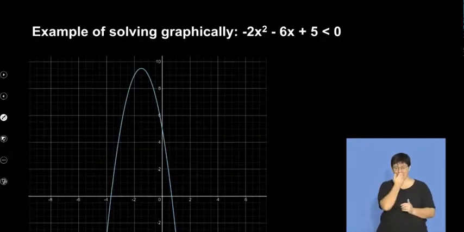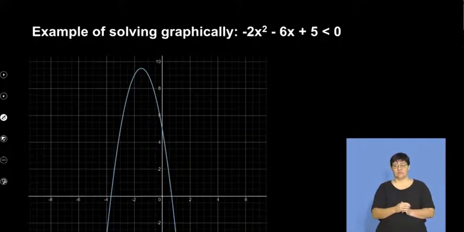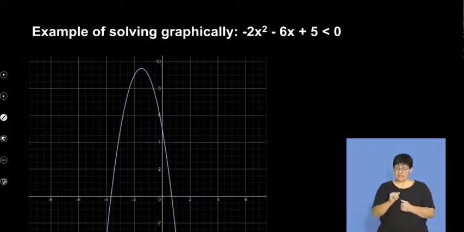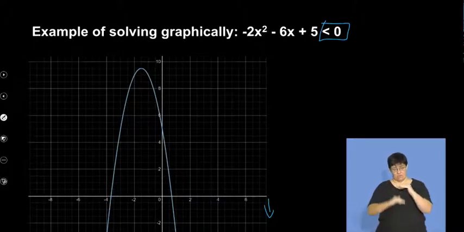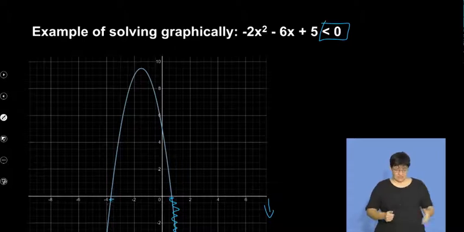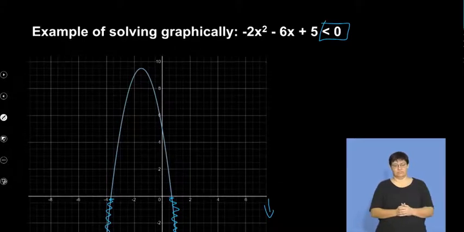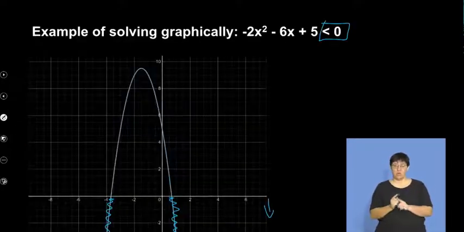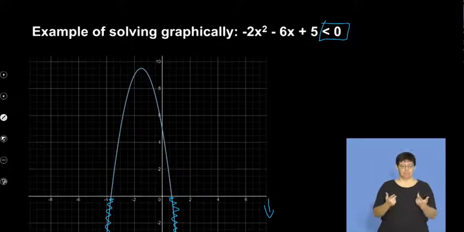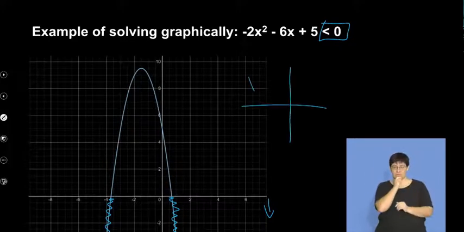So in terms of a graph, if I want to look at this, because we are still focusing on it as a negative, remember, negative is always below the x-axis, right? For it to be below the x-axis, it will be that arm there, and it will be that arm there. Why is it two arms? It's because as soon as you divide by a negative, it makes it a greater than. So it's like you are reflecting this graph and making it a graph that we are used to, that looks like that.